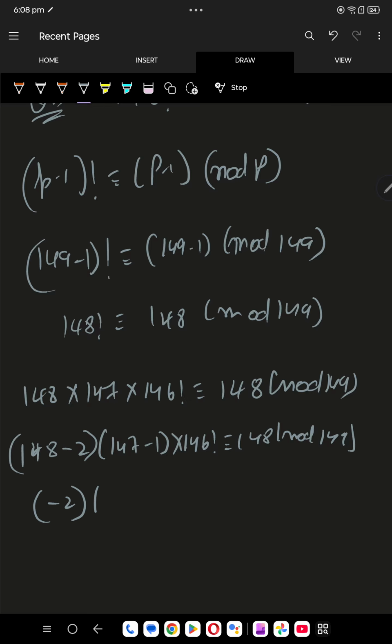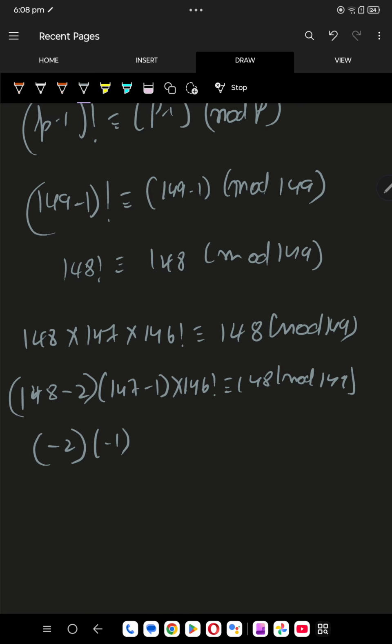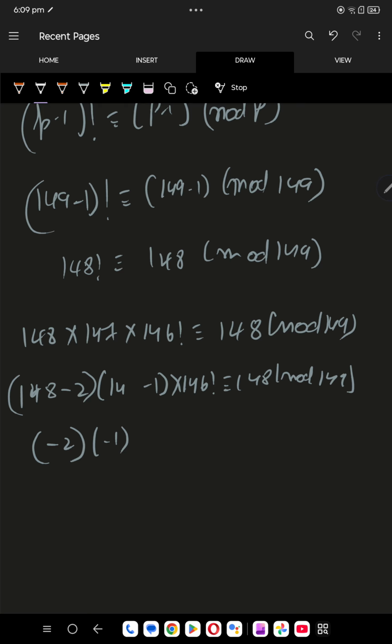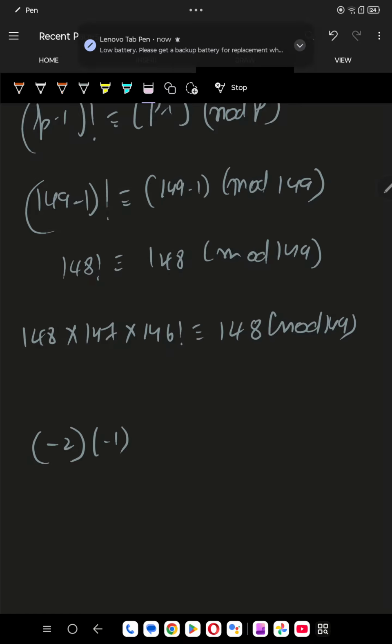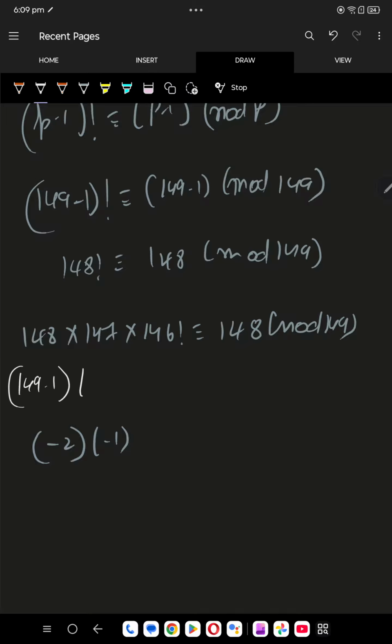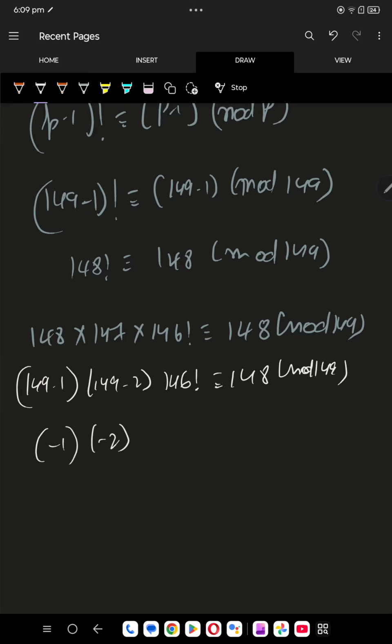So minus 1 into minus 2 into 146 factorial is congruent to 148 mod 149.